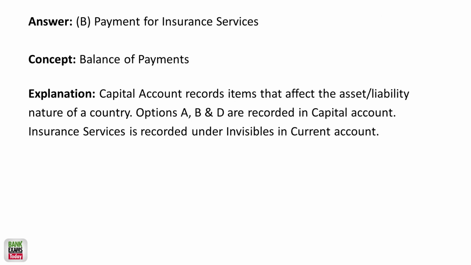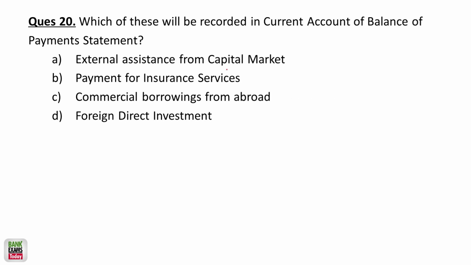So the last question: which of these would be recorded in the current account of the balance of payment statement? What is the difference between current account and capital account transactions? Capital account transactions make an impact on your assets and liabilities.